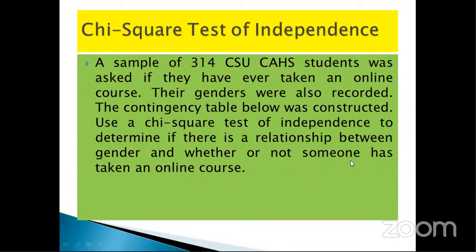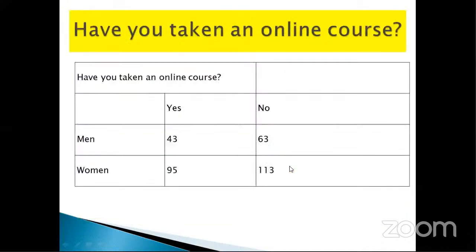What we want to test is whether there is a significant relationship of gender. We test the independence to determine if there is a relationship between gender and whether or not someone has taken an online course. So this is, for example, the result.